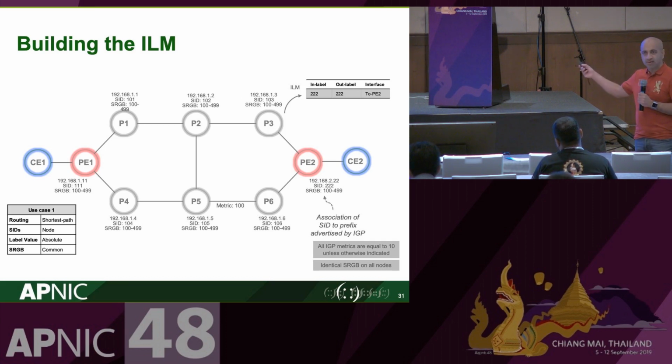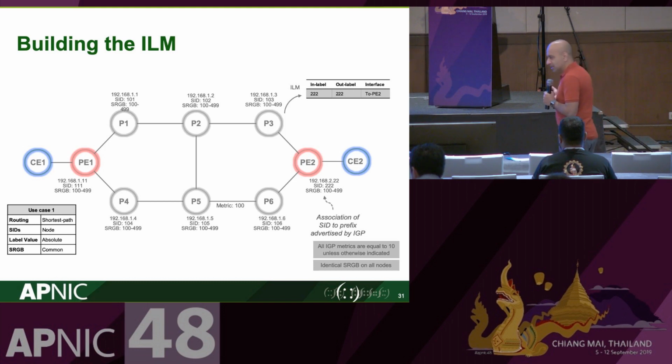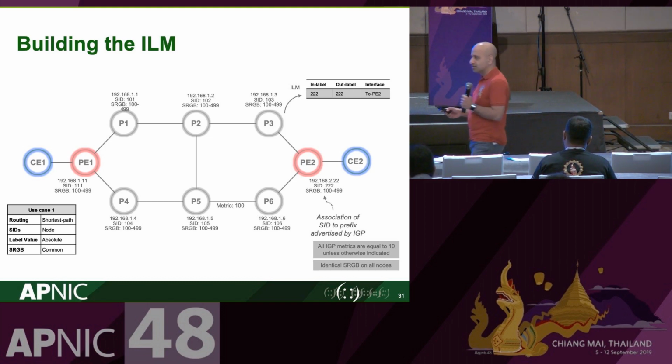All nodes in the network will use the same label to reach PE2. So you can see how that simplifies things. No matter where you are, you know what the label for PE2 is. So it creates a mapping that says, if I receive a packet with a label of 222, I swap it for label 222. Now, even though the label is not changing, the router still performs a swap operation, right?